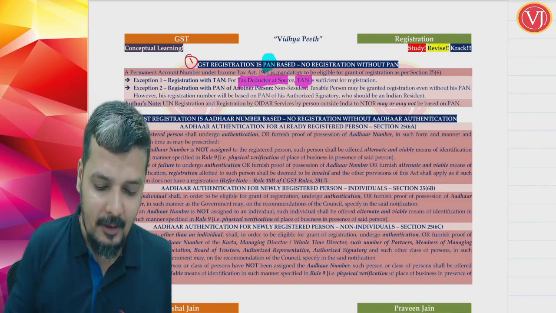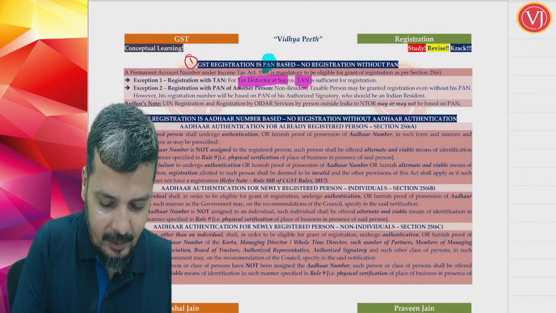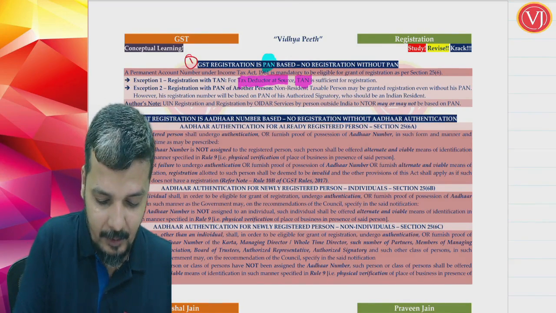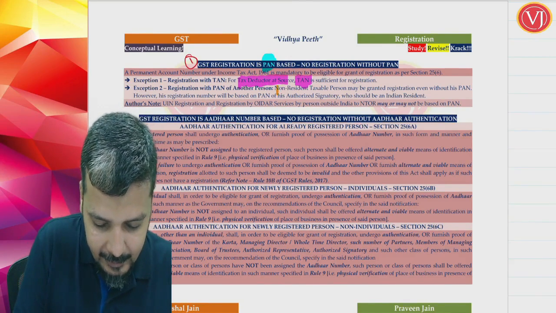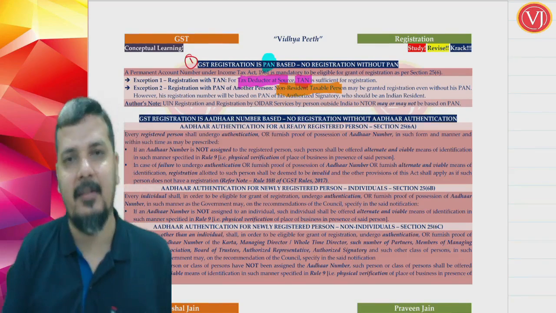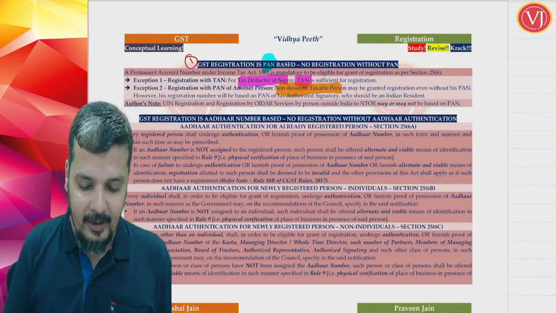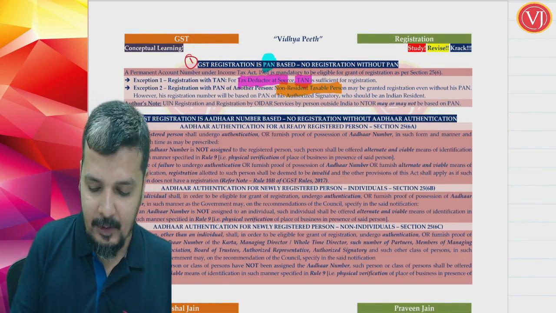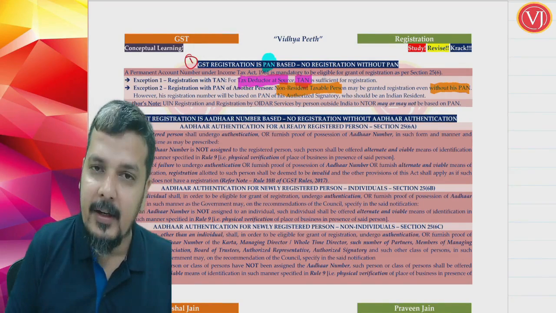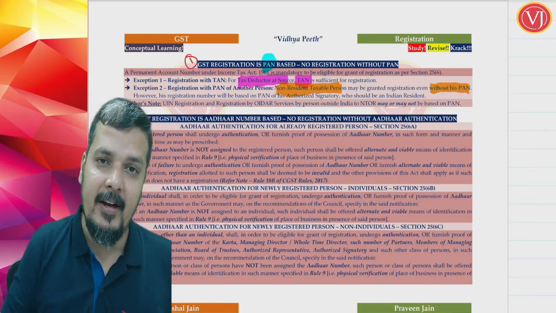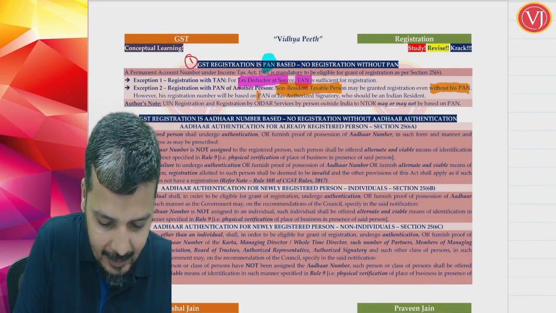Second exception, you are talking about your NRTP registration, where the non-resident taxable person is a non-resident. He might not have a PAN card in India. So non-resident taxable person is granted registration without his PAN. In that case, NRTP registration number will be based on PAN, but of whom?